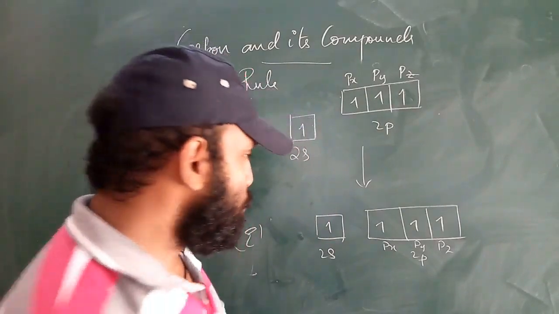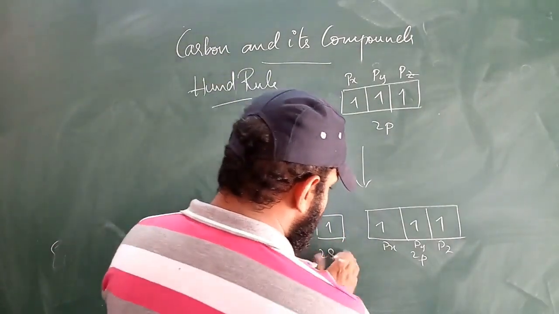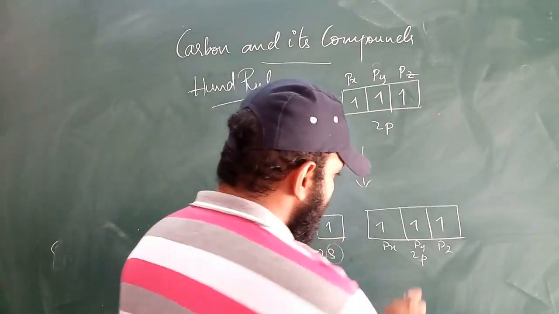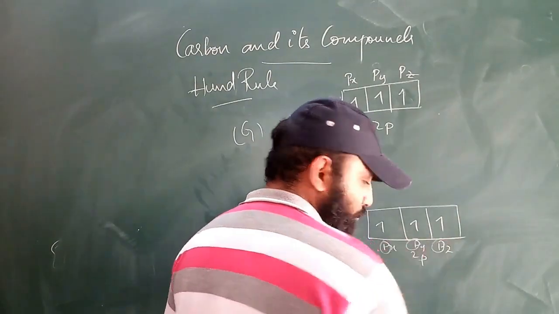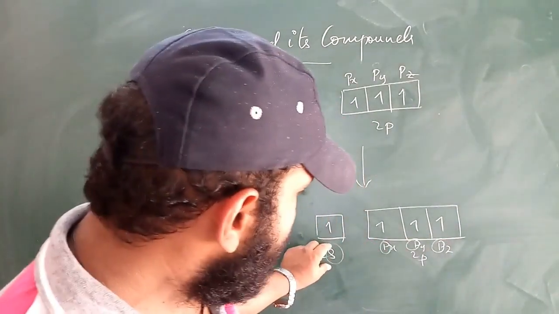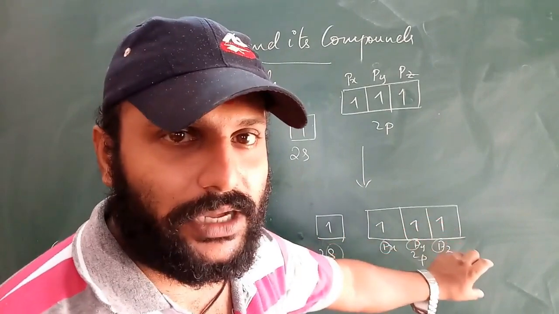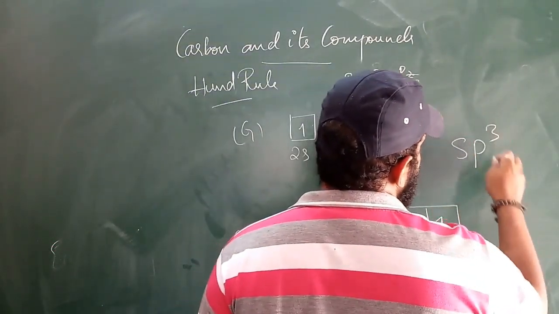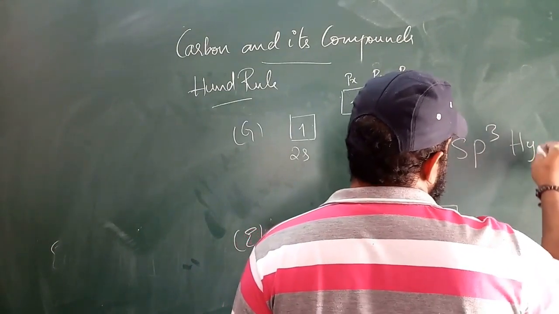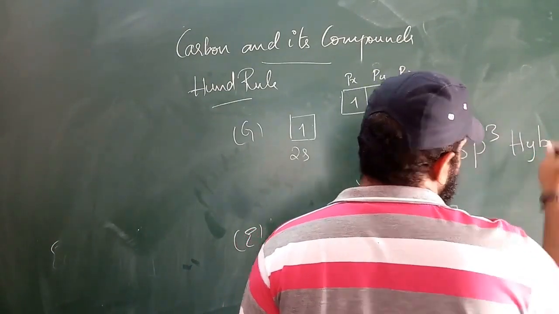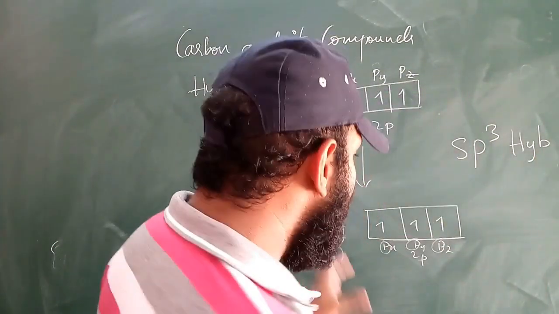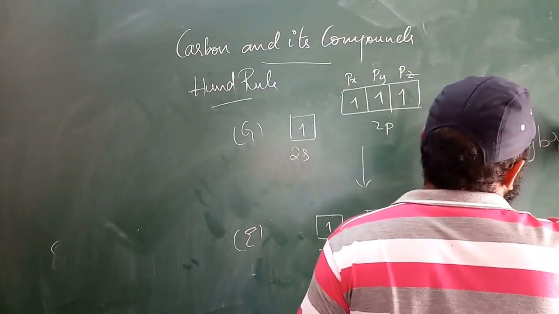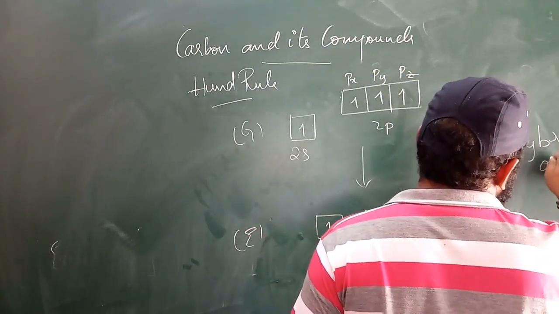Hybridized orbital. So here what we can observe, 1 s orbital and 3 p orbitals are there. That is the reason it is called sp3 hybridization. The process is called sp3 hybridization, and those orbitals are called sp3 hybrid orbitals.